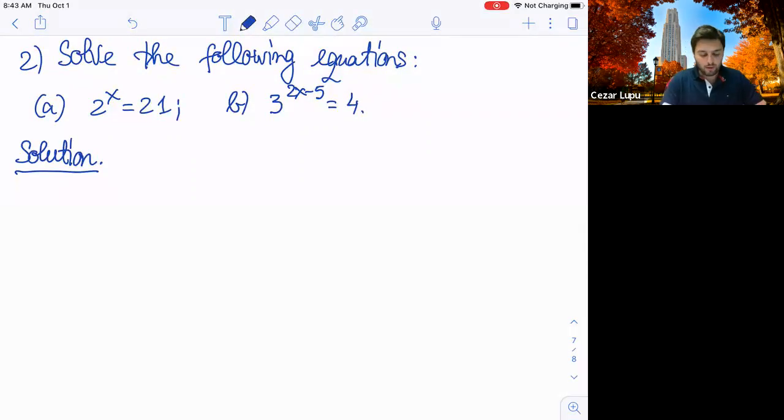Well, let's look at the first one. As we have previously seen, the first thing that we would like to try is to make that 21 look like 2 to some power, but unfortunately we cannot do this. 21 is 7 times 3, the product of two prime numbers, so there is no way we can make it look like this.